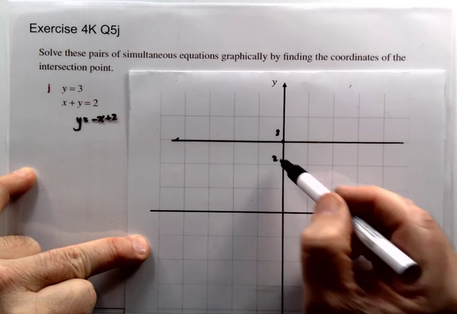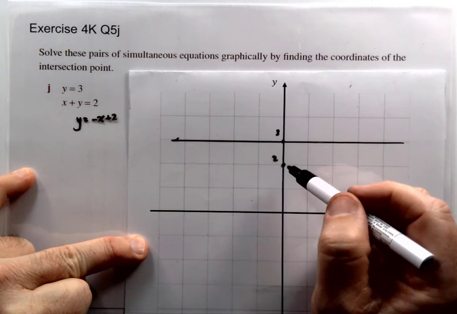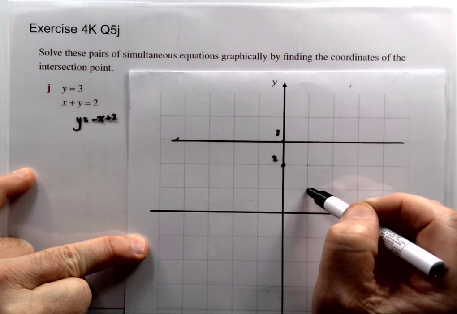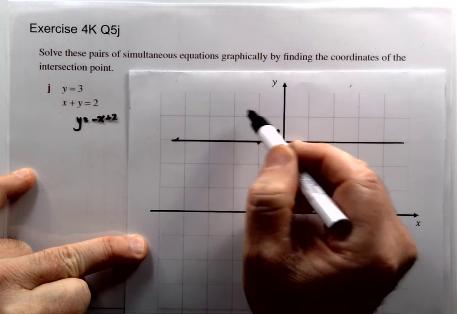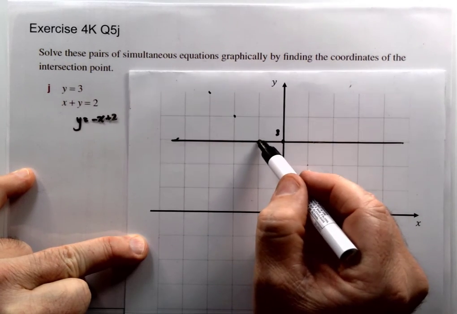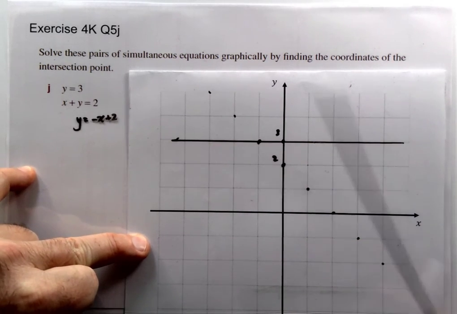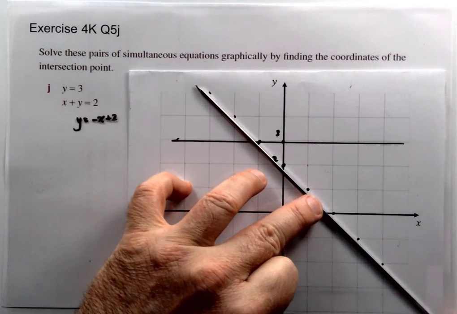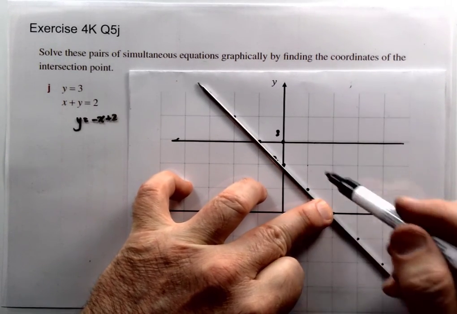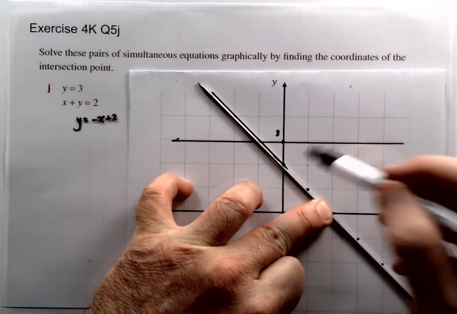So it's going to cut through there at 2. It's going to have a gradient of minus 1. So each time we go across to the right by 1, we go down by 1. Again, straight away we can see there's our point of intersection, but let's just graph that. I'll try not to get a thumb divot in this one.